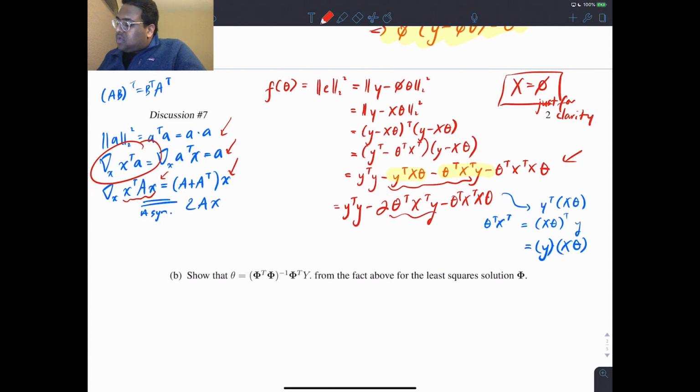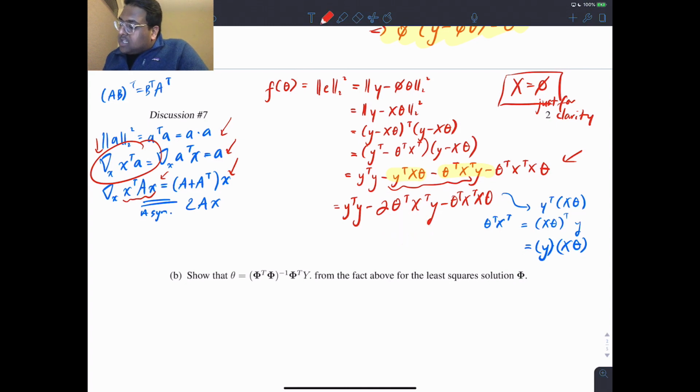I could have written it as y transpose x theta, but recall we're about to take the gradient with respect to theta, and I want to be able to use these gradient rules that I have over here. In order to use this second rule, I need to have it in terms of theta transpose something. And this is the only way to write this expression as theta transpose something, because that's what we know how to take the gradient of.